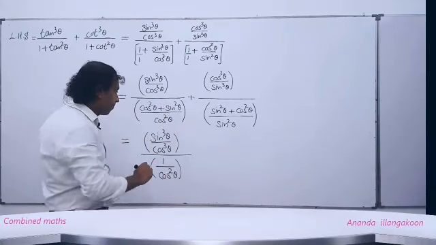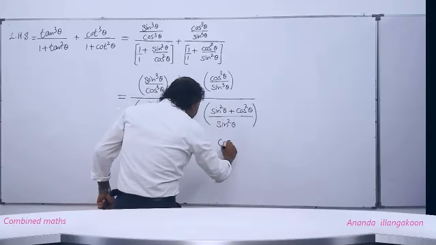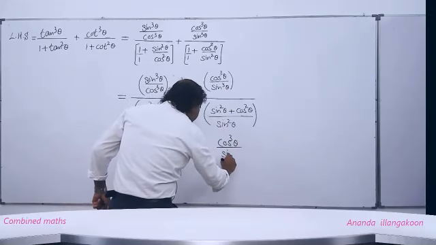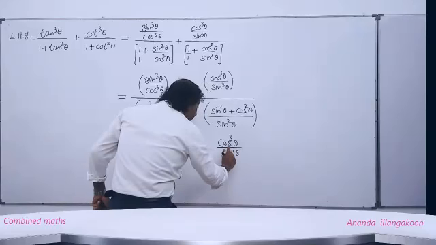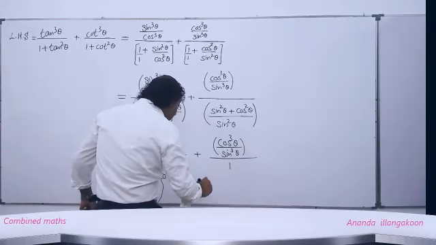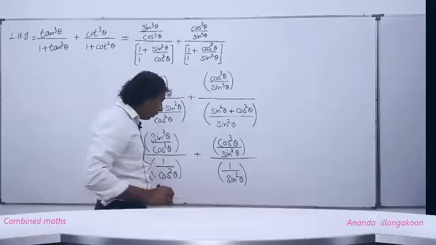Okay. Then here cos cube theta divided by sin cube theta, whole thing divided by 1 upon sin squared theta. Okay.